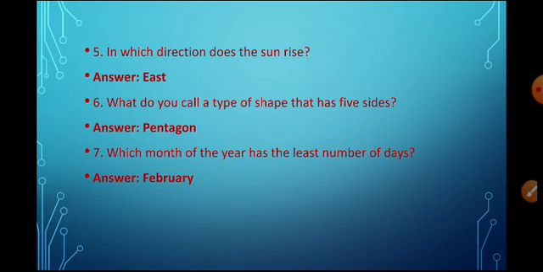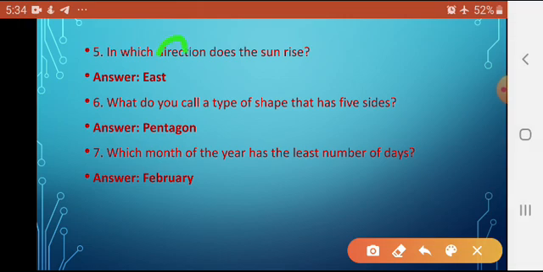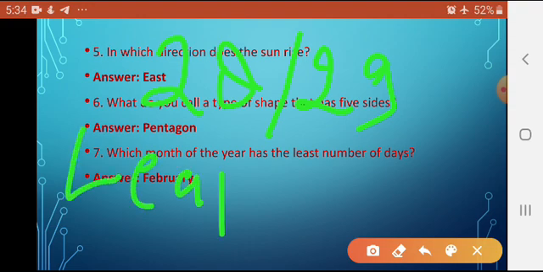In February, it would be a month of either 28 days or 29 days. If the year is a leap year, it will be a month of 29 days. If it is not a leap year, it is a month of 28 days.